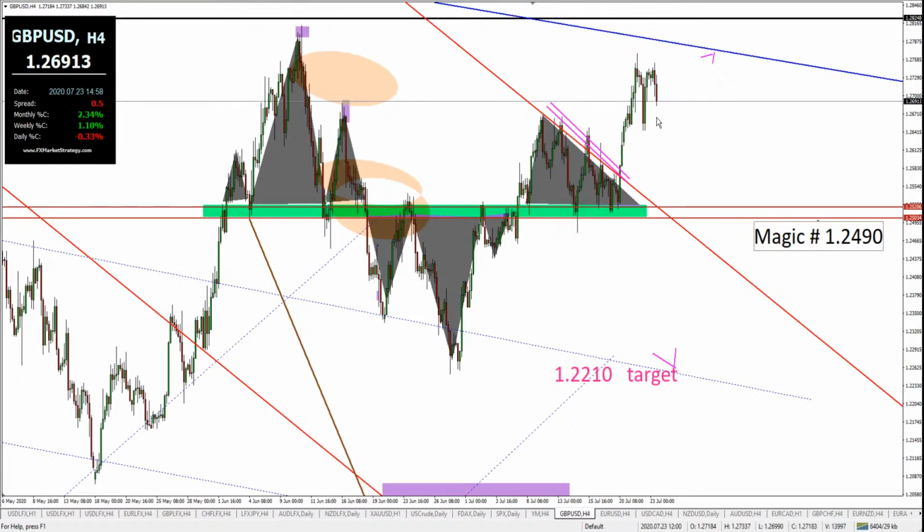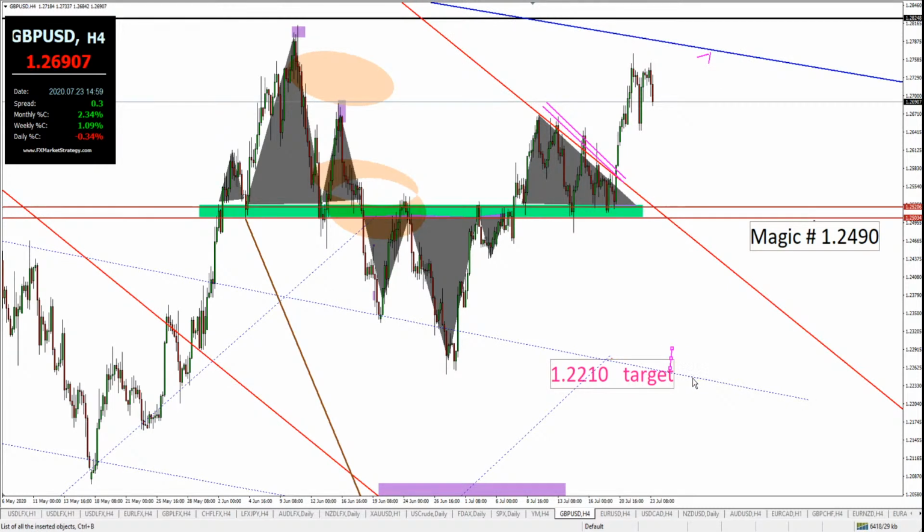Coming back to the pound, that's beautiful. I think, you guys, we have been following this from the top right here, all the pyramids and every action and every move. I think that's really fantastic. Okay, so what we are looking at now, our magic number, the 1.2450 as a target, especially if this is going to continue all the way down.